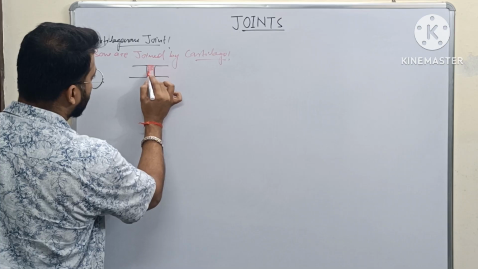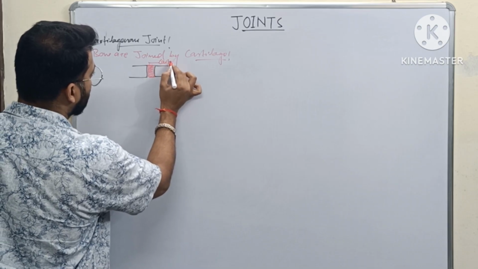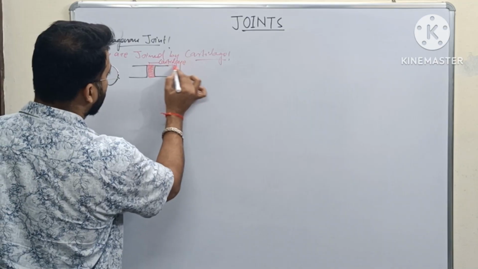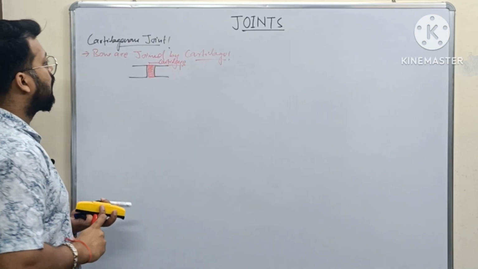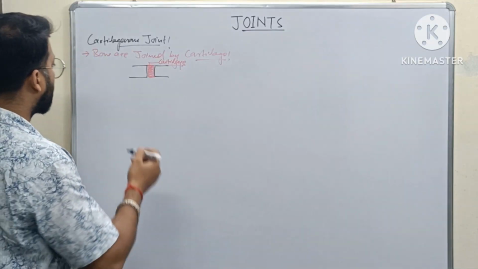Okay, this is cartilage. The cartilaginous joint is of two types.